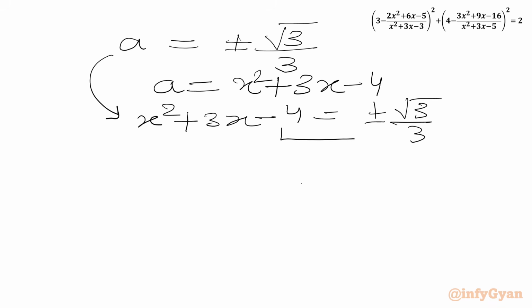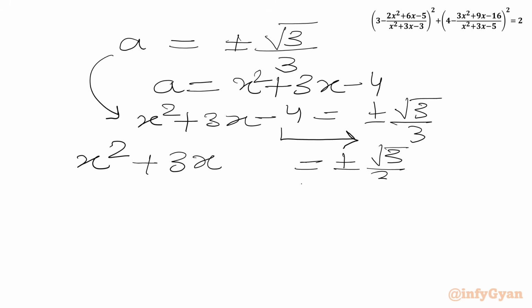We'll take minus 4 to the right hand side. So we'll be writing here x square plus 3x in left hand side will be equal to plus minus square root 3 over 3 plus 4.